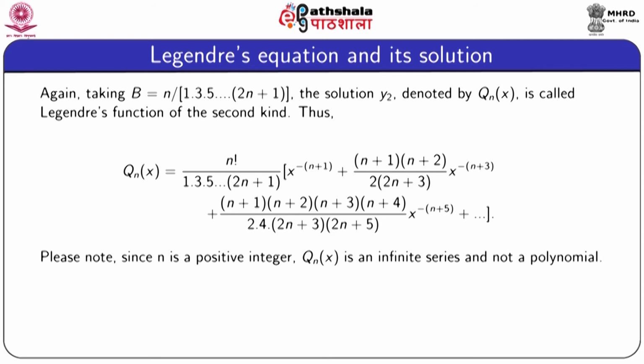So, with this we wrap up module 1, where we looked into a brief introduction of Legendre's polynomial. Then we looked into the solution of Legendre's equation, and we found that we get the first two linearly independent solutions. The first one we call the Legendre's polynomial or Legendre's function of first kind, and the second one Qn(x) we call the Legendre's function of second kind.